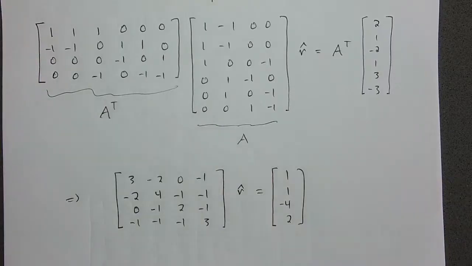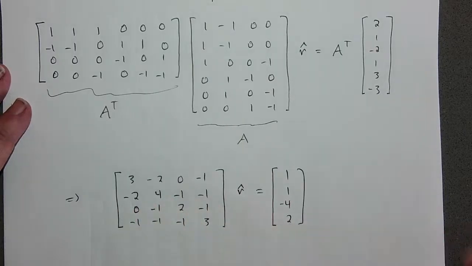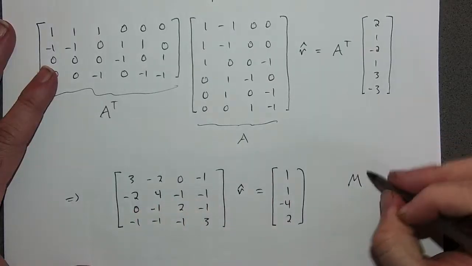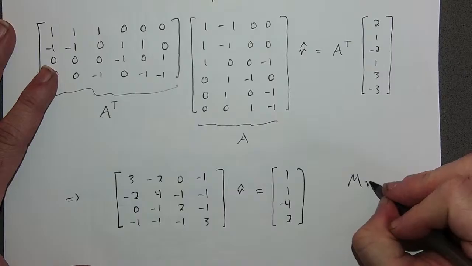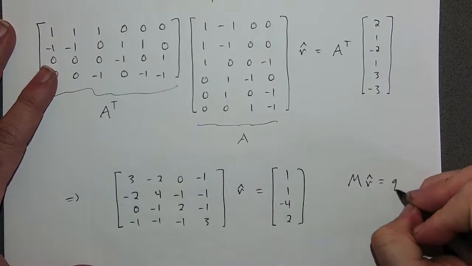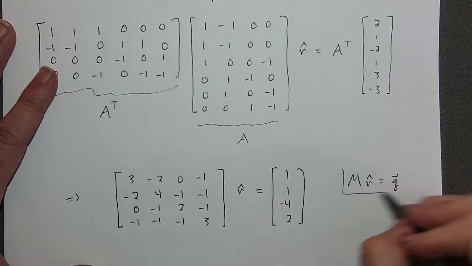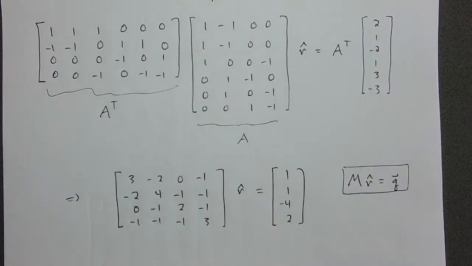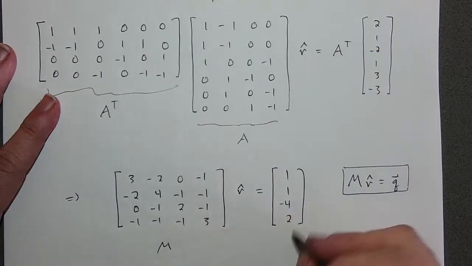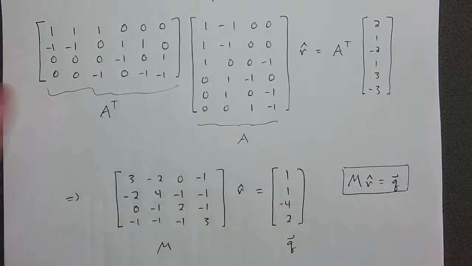So this is the thing that I get. I'm going to call this new expression M times the vector R hat is equal to Q. So here is my M and here is my Q.